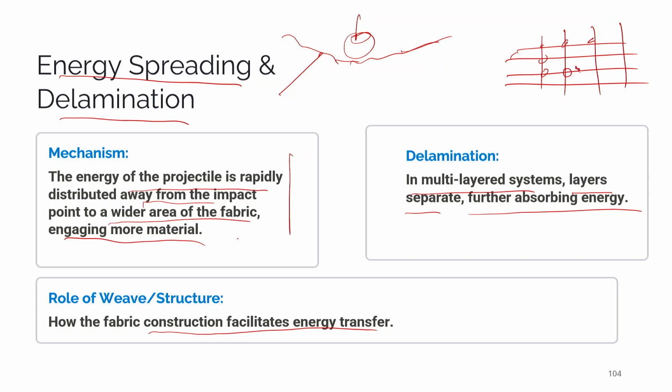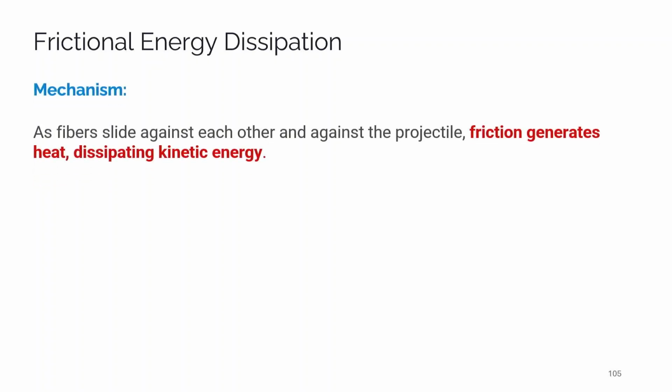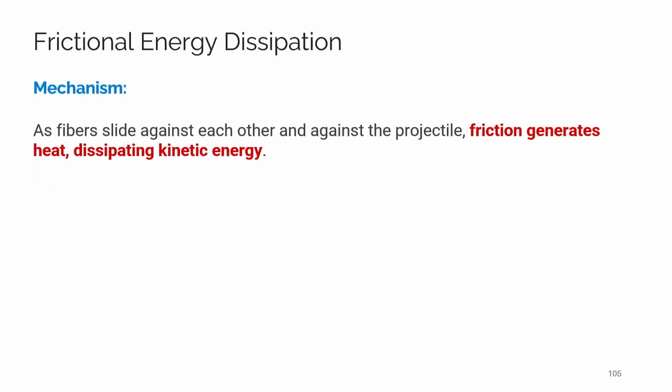Due to this interlacement point, the energy gets transferred to the other threads, in multiple directions, due to this weave structure. And there is frictional energy distribution due to the friction between the yarns, due to the structure.